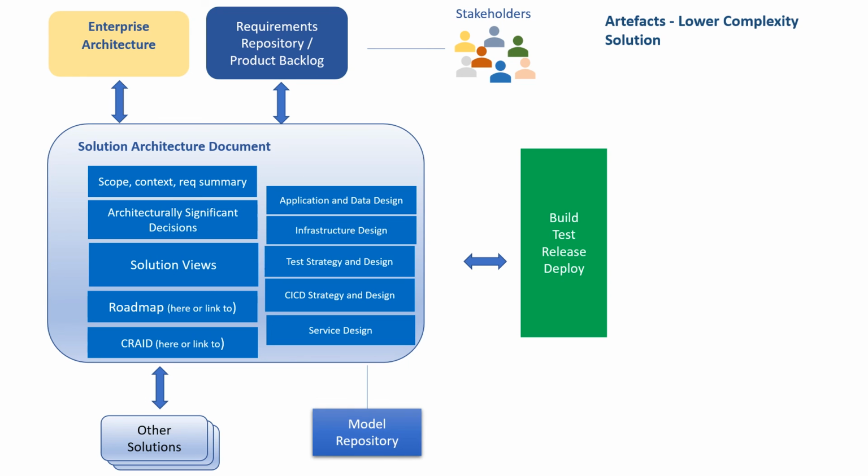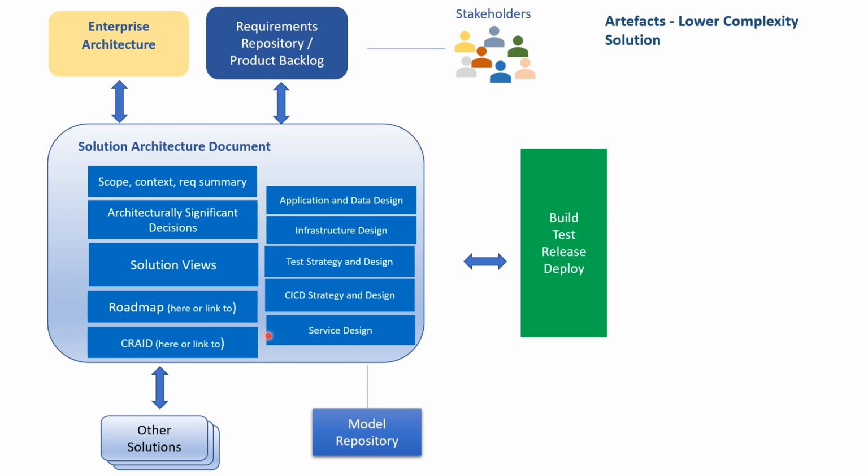Then the last part is the low complexity, where you still need a SAD. So again, you see here, even the low complexity solution would still need a solution architecture document. But you might actually include the designs within that. So it might just be effectively one big combined solution architecture and design.